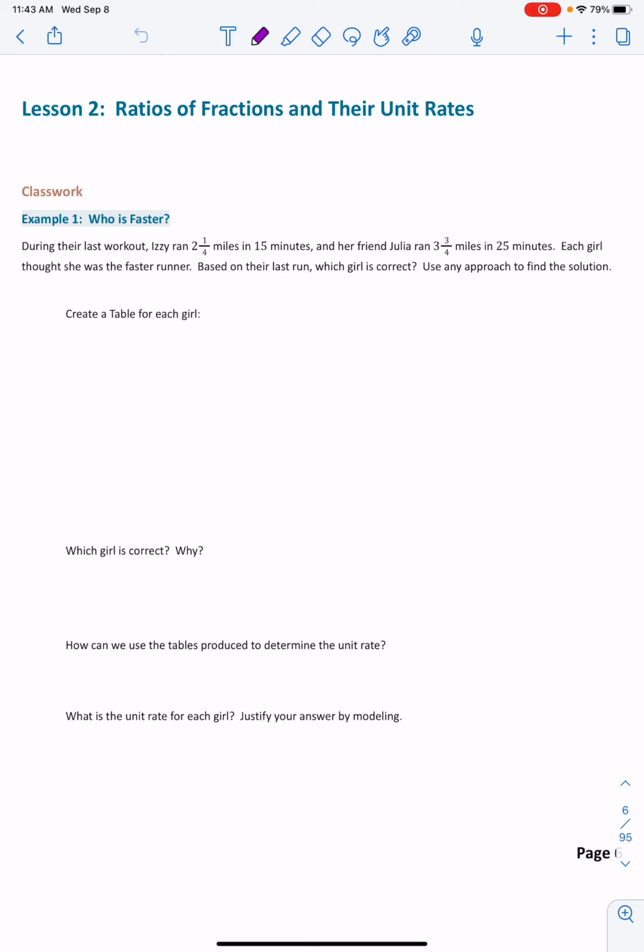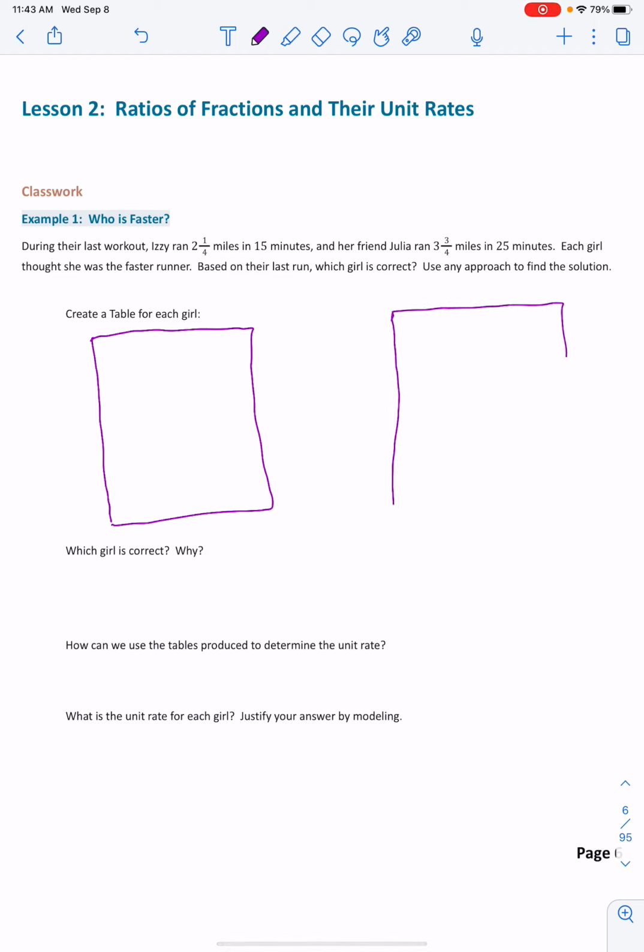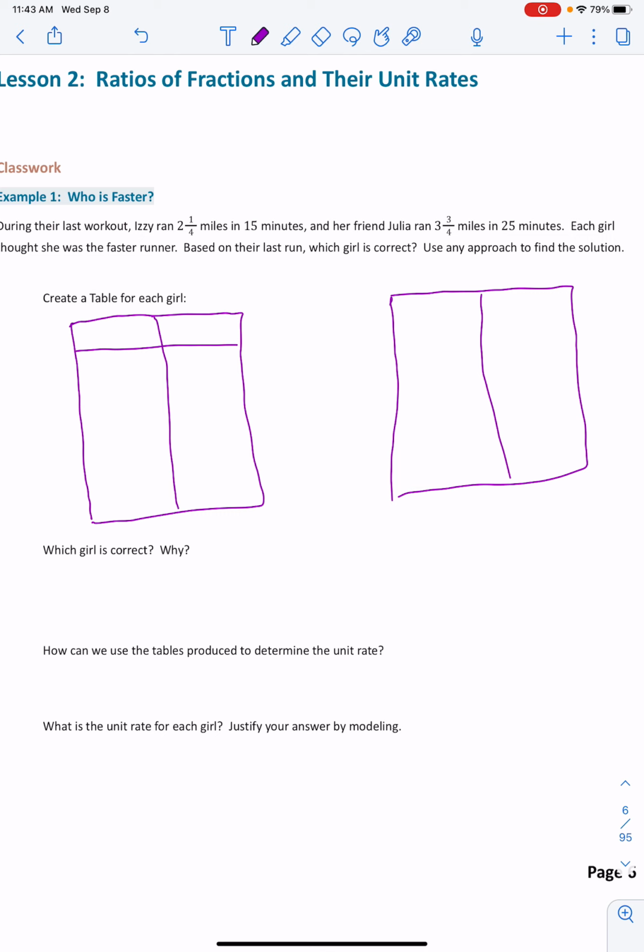Well, if we create each table, and we title that, because remember, miles in minutes, so miles in minutes.